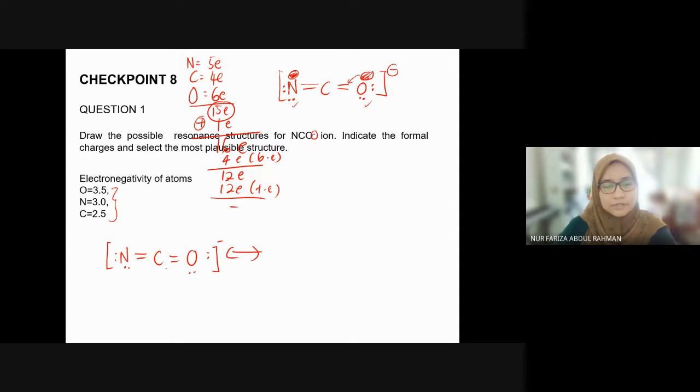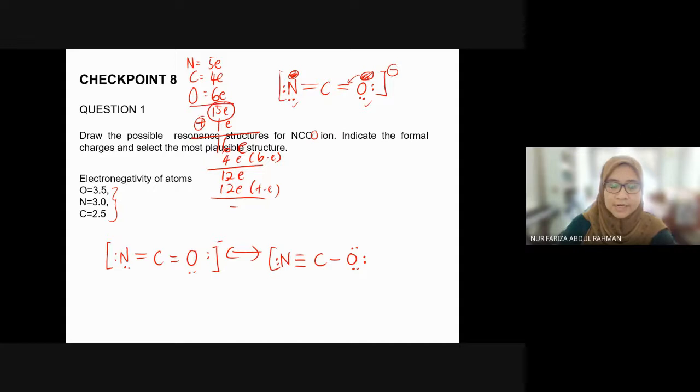Okay, so for your resonance options, the alternative for all of these atoms to achieve octet is by having a triple bond with nitrogen and a single bond with oxygen. Betul tak? Okay, so in this case dia akan jadi 6 balik.